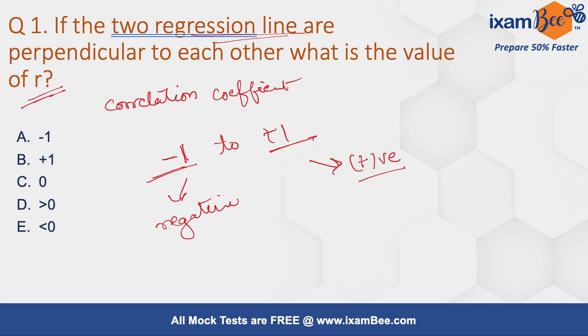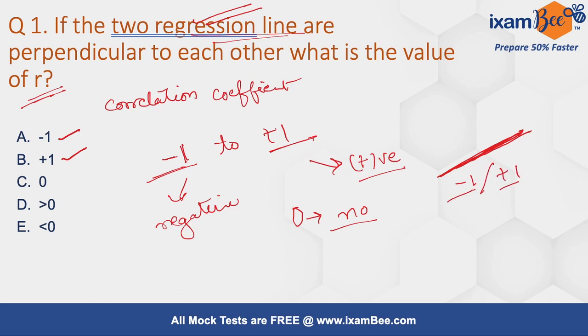Right? And if the value for R is 0, it indicates that there is no relationship between these two regression lines. If the lines coincide with each other, then the coefficient can be -1 or +1, because in that scenario we cannot say it is negative or positive, but the lines will definitely coincide with each other.